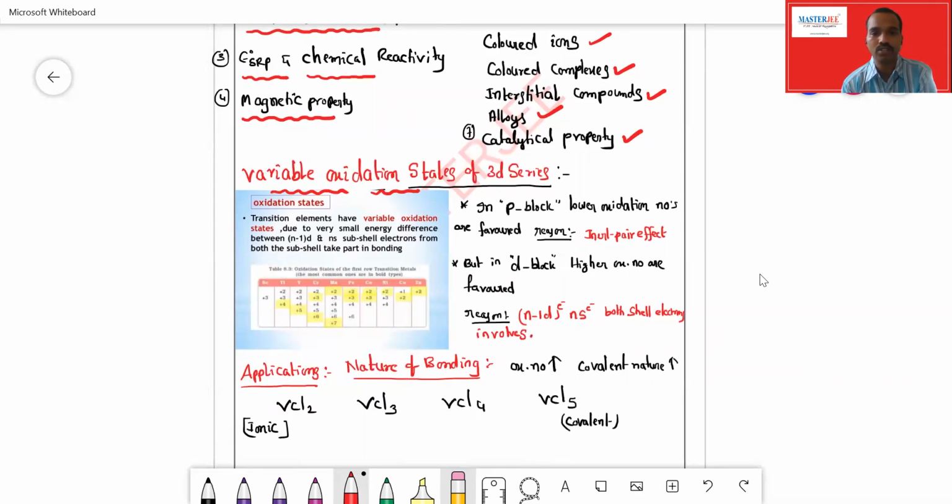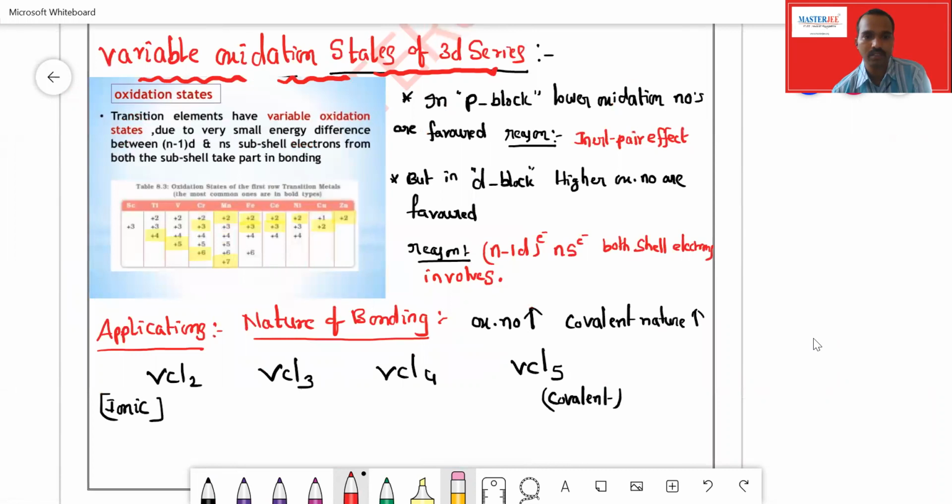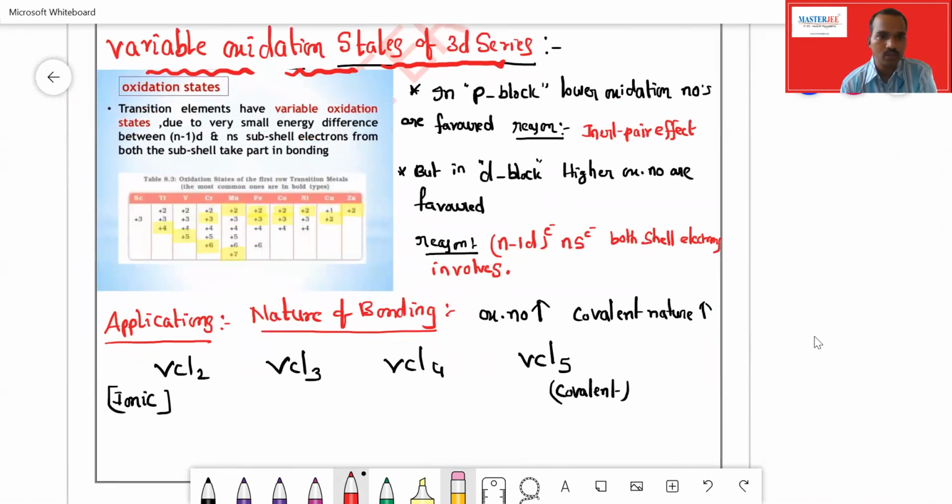Now, the first thing we are going to discuss is variable oxidation states. If you carefully observe this picture, these d block elements exhibit variable oxidation states. What is meant by variable oxidation state?